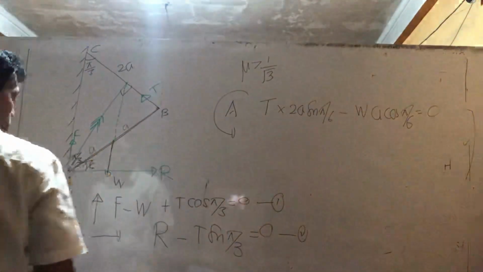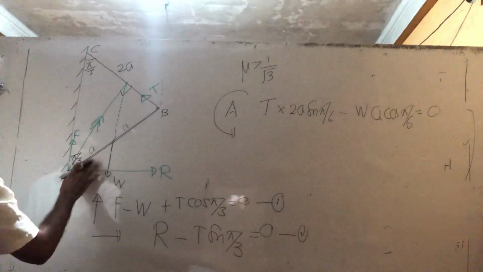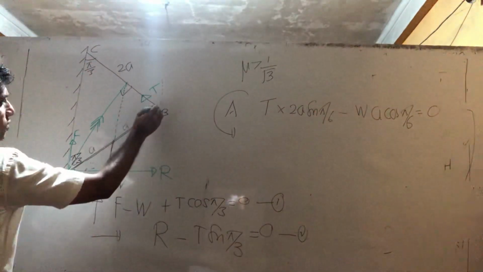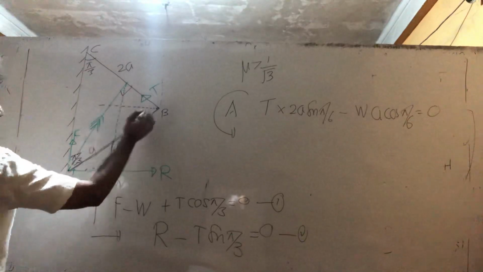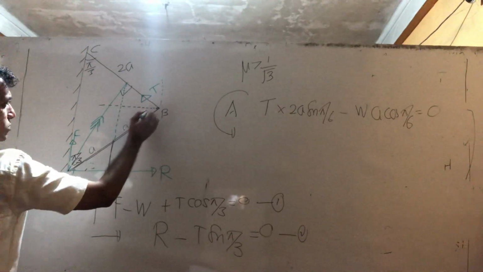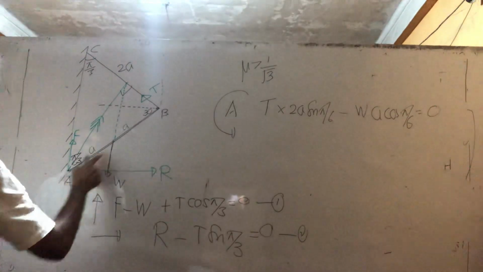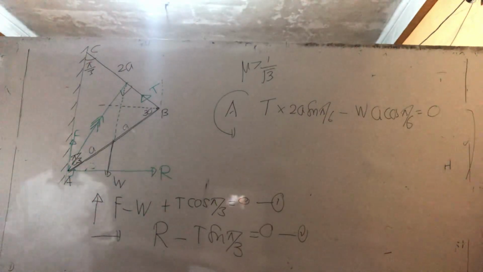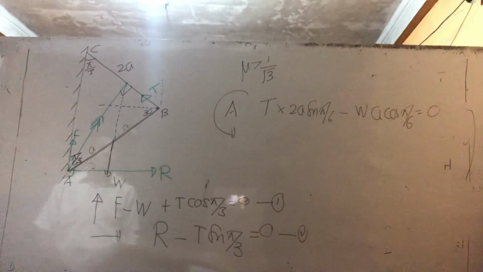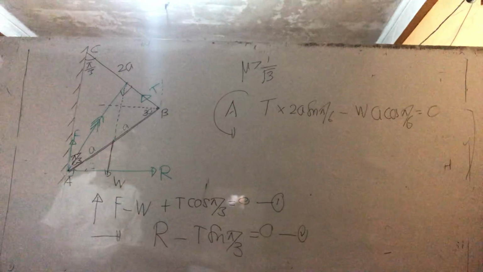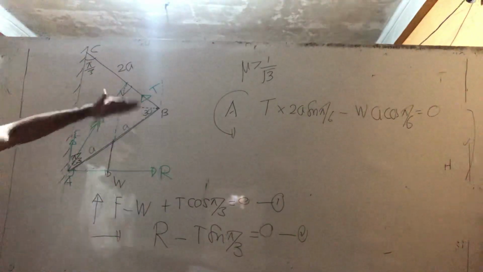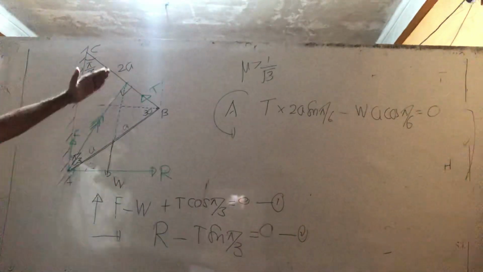Okay, let's check pi by 6. If I draw here, this is 30, here 30. I need the perpendicular height from T to this.